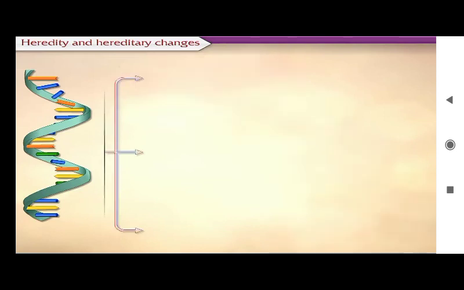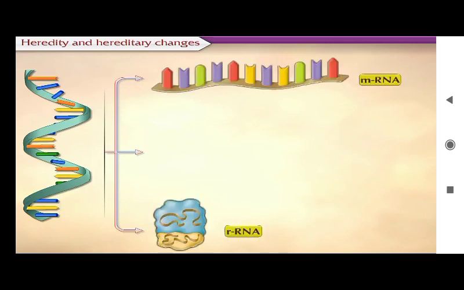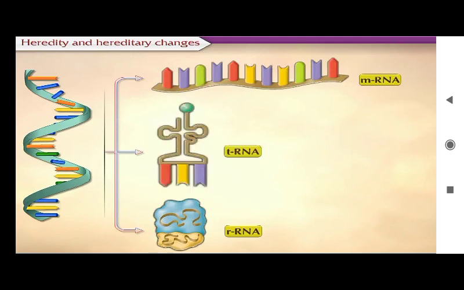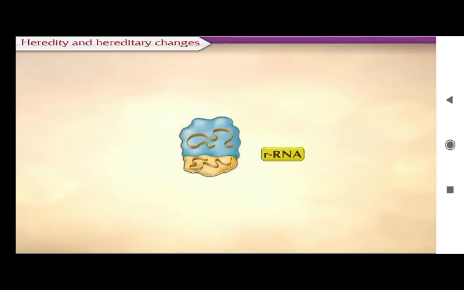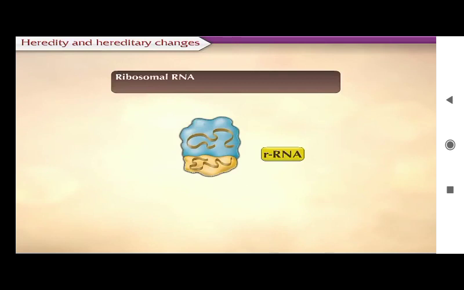According to function, there are three types of RNA: rRNA, mRNA, and tRNA. rRNA, that is ribosomal RNA, is a molecule of RNA which is a component of the ribosomal organelle.